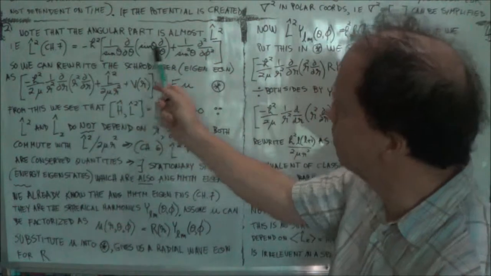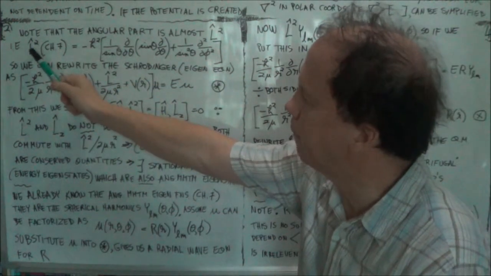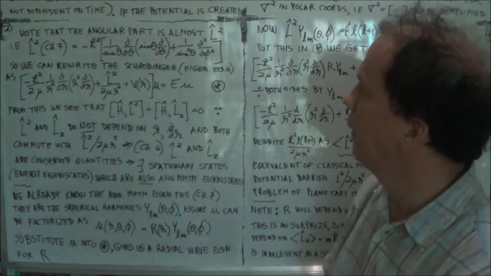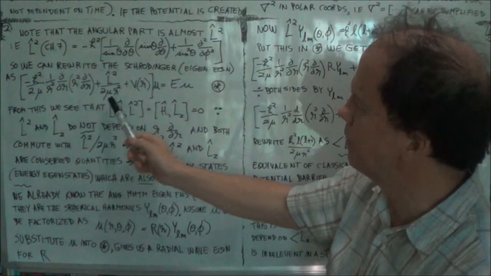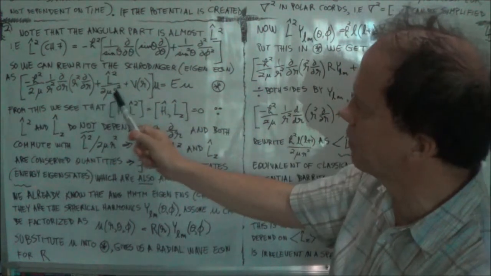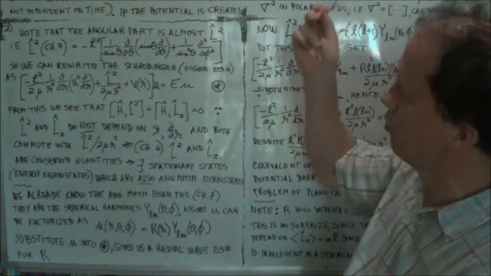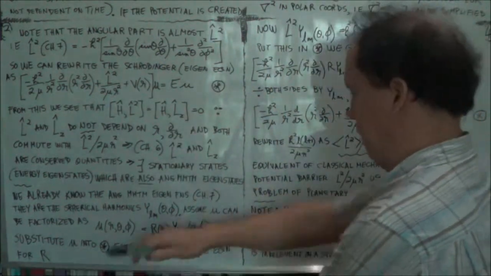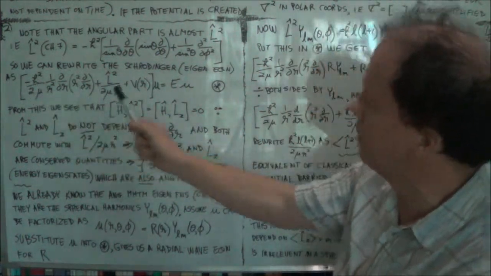Instead of this stuff, plug in the L hat squared into that Schrodinger equation. Now the Schrodinger equation had an r squared underneath here, so you can rewrite the Schrodinger equation of the previous session in this form.